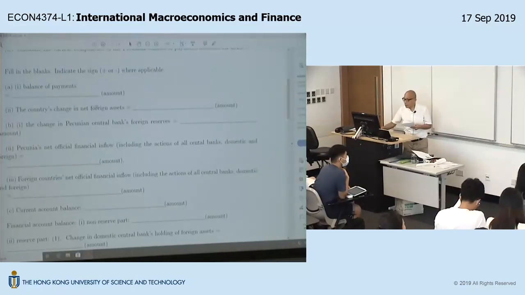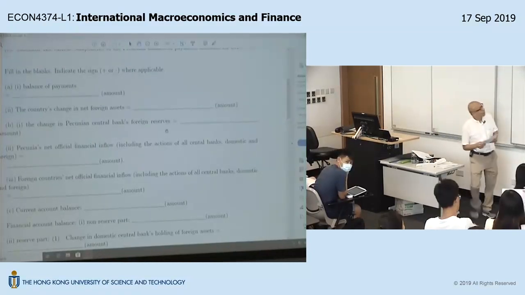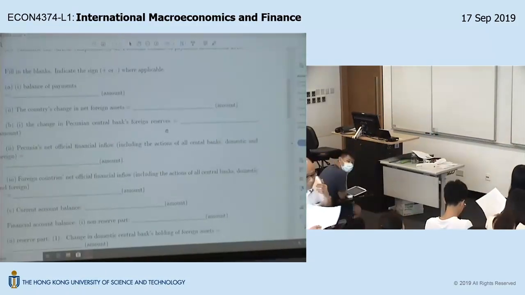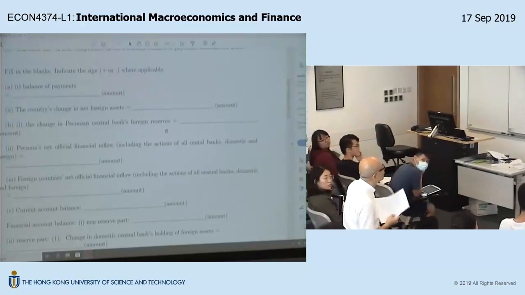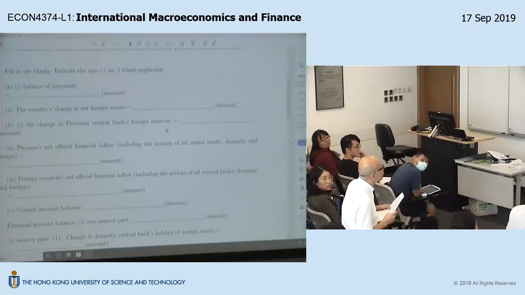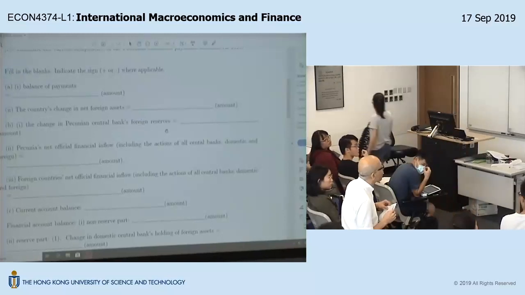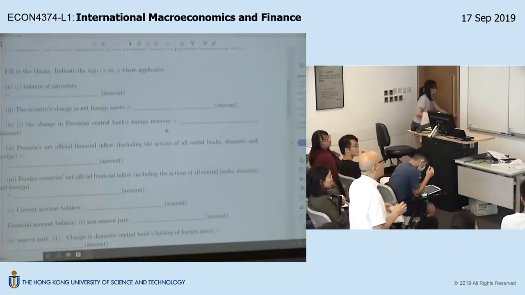In B1 I asked you the change in the domestic central bank's foreign reserves. Part B gives you extra information that the foreign central bank buys domestic reserves for 1 billion, but you don't really need that to answer this question, right?